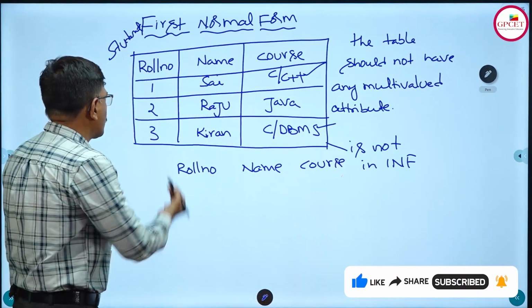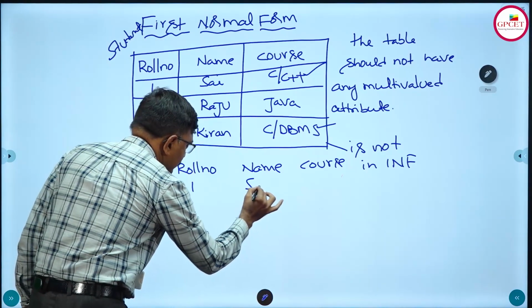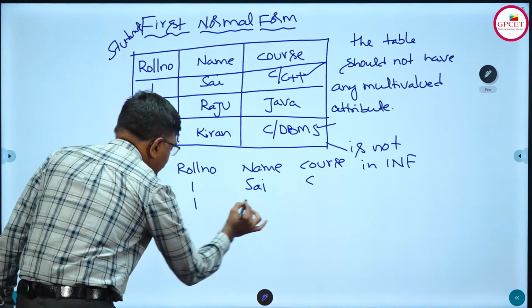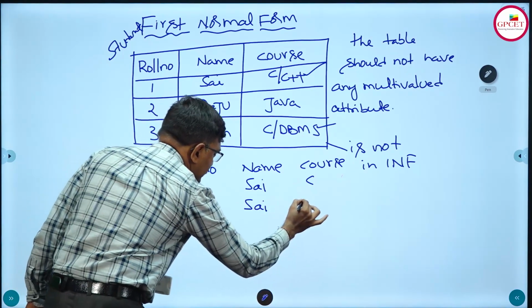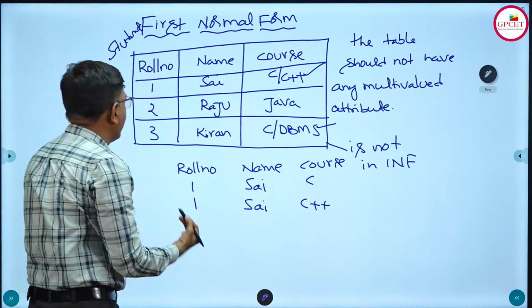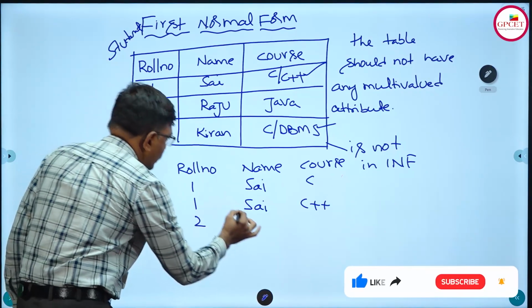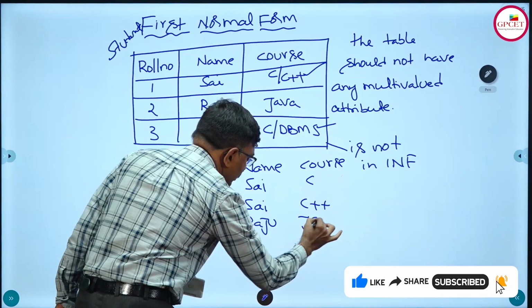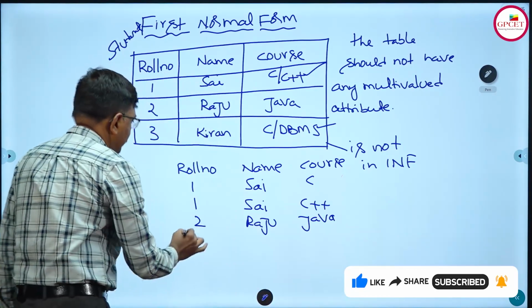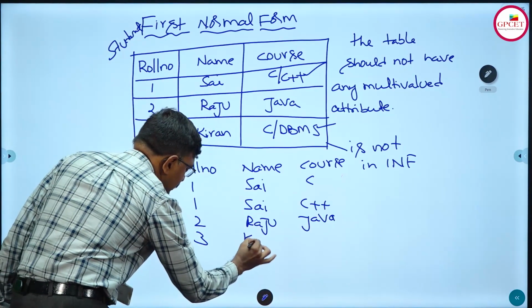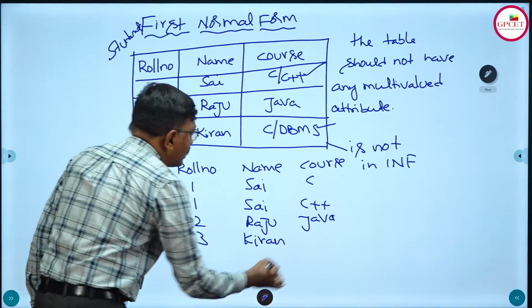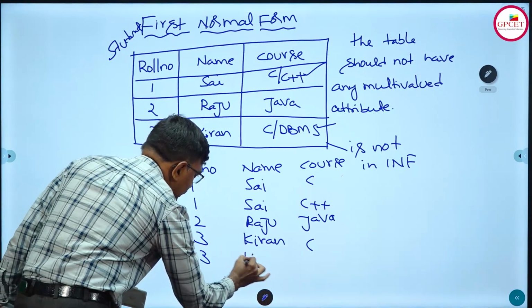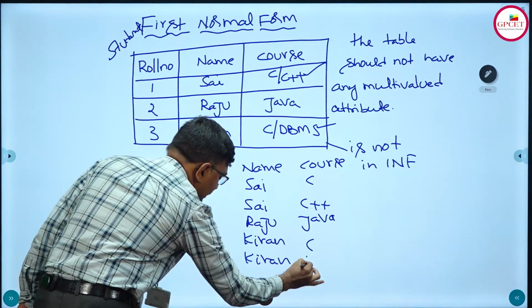Roll number 1, Sai, C; 1, Sai, C++; second, Raju, Java; third, Kiran, C; and third, Kiran, DBMS.